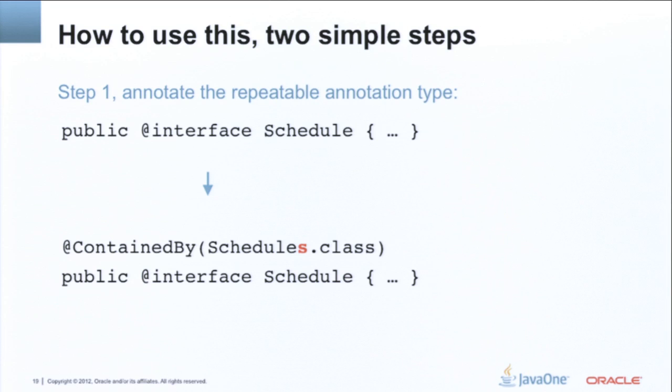The value of that annotation is a class, in this case Schedules, that is the container for your multiple instances of Schedule. So you write a ContainedBy annotation saying, here's my container. You can name it whatever you want, but in this case, it's named Schedules.